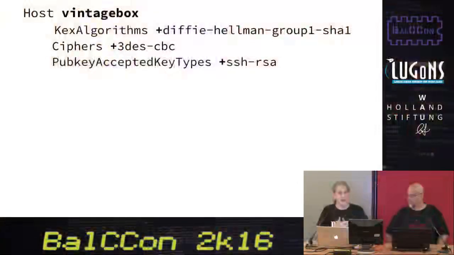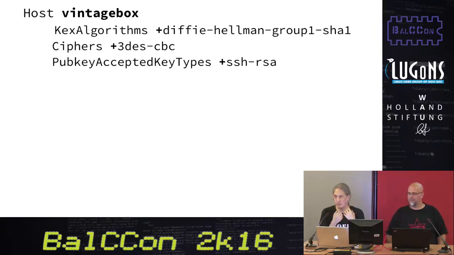There's ways to deal with legacy systems without messing up your whole config, because you can just make a config entry in your config file for Host vintage-box, and you don't have to write out all the bad stuff that this box supports, because somebody actually might update that box at some point. So there's a nice config option where you can add a specific type for key exchange algorithms to your general config by just prepending it with a plus.